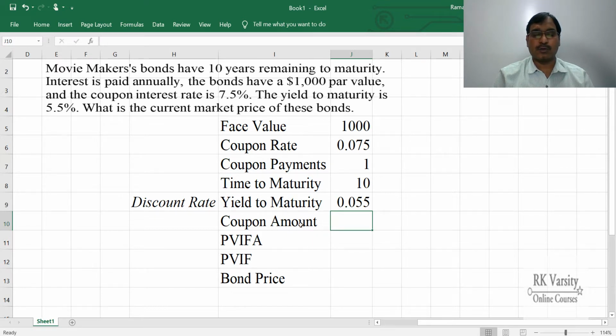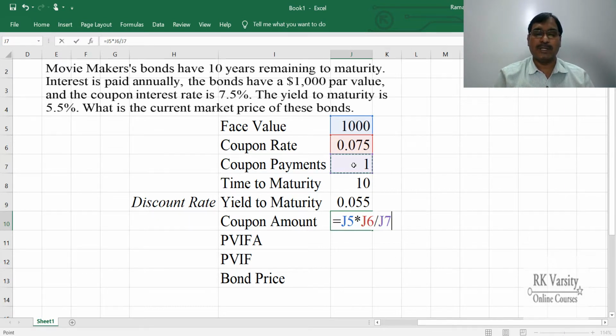So first we calculate the coupon amount. Your coupon amount equals face value times coupon rate divided by number of payments in a year. So this equals your face value, or par value, $1,000 times the coupon rate divided by the number of coupon payments. So there is only one coupon payment.